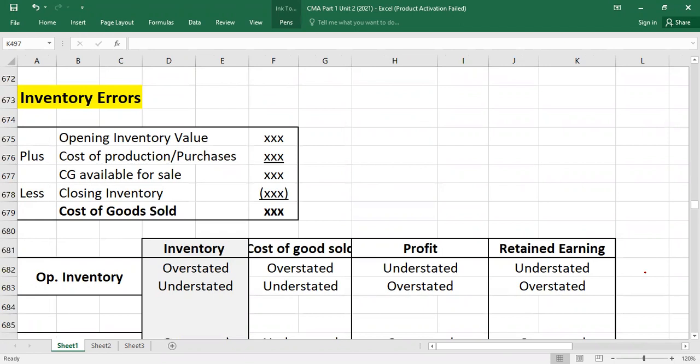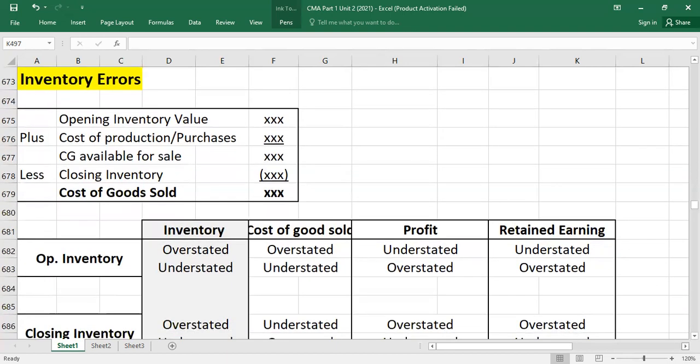He will ask your analysis: like, there are errors in inventory, what might go wrong in the different parts of the financial statements. Okay, so I'm going to make it very easy. First, we will discuss in a simple way, and then we will deal with a bit more complicated things.